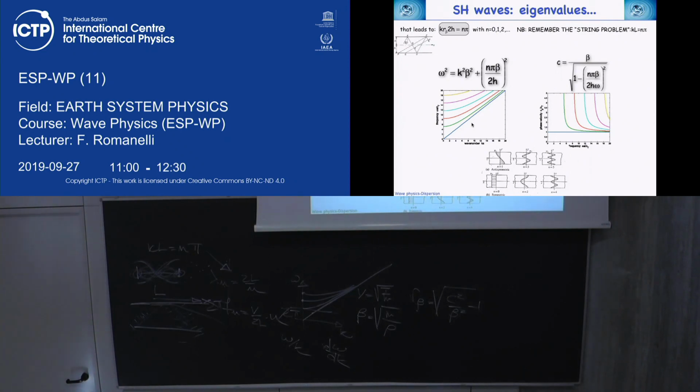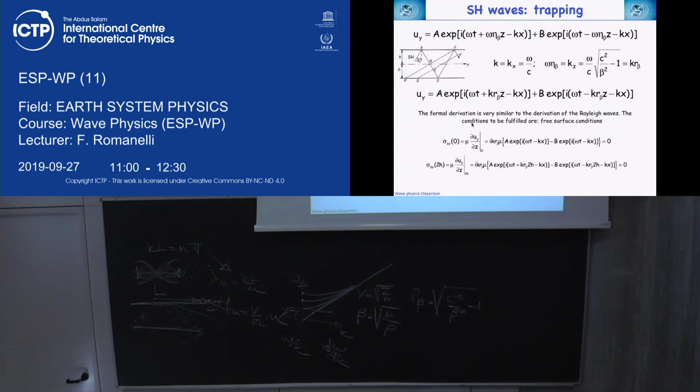Because you could do that. And what you have to do is to double everything. You have to write two components of displacement, ux and uz. You have to write two components of stress, sigma zz and sigma zx. You have to apply twice the boundary conditions.